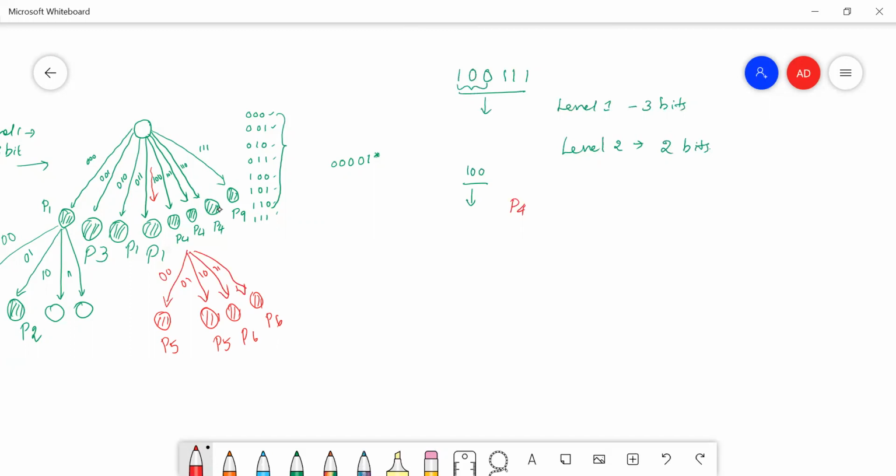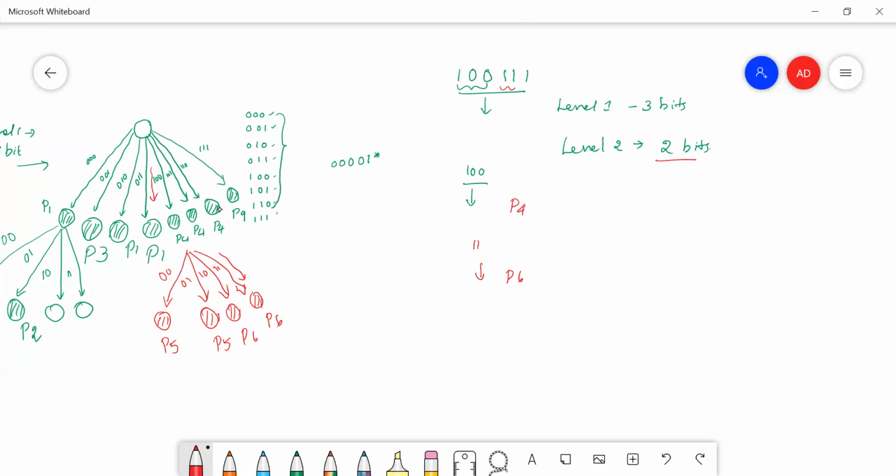Now the next level of bits is 2 bits. So we have to focus on the next 2 bits, that is 1, 1. So when 1, 1 is taken, you can see the path ending up at P6. So P6. So now first, by looking into the first 3 bits, the best prefix that has been matching is P4. And since we have more bits to inspect, we cannot finalize P4 as the best matching prefix.